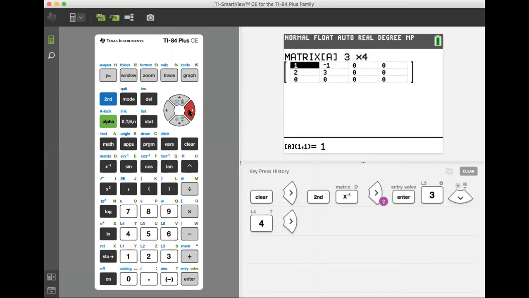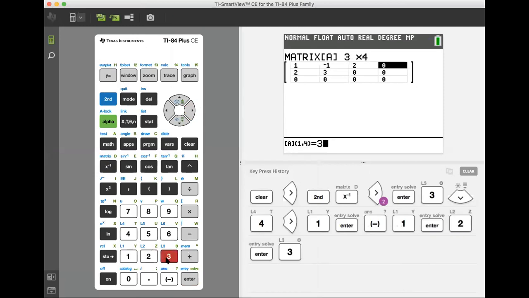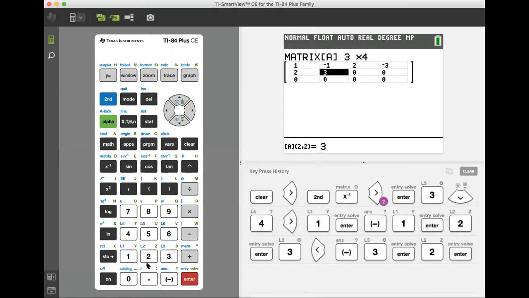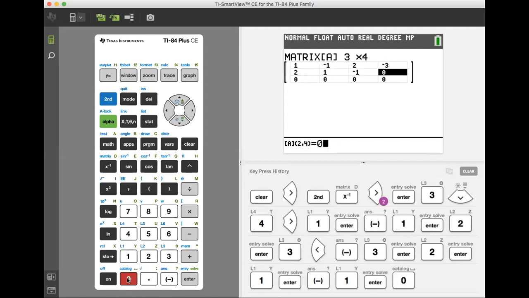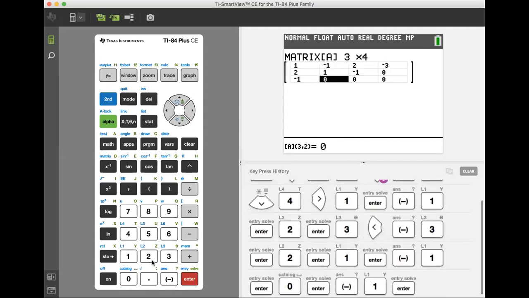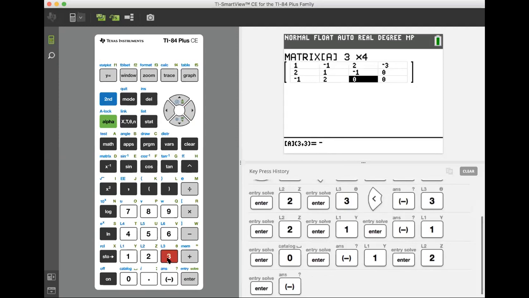And I'm going to type all of these numbers in. 1, -1. Hopefully you're faster than I am at this. Okay, my matrix is done.